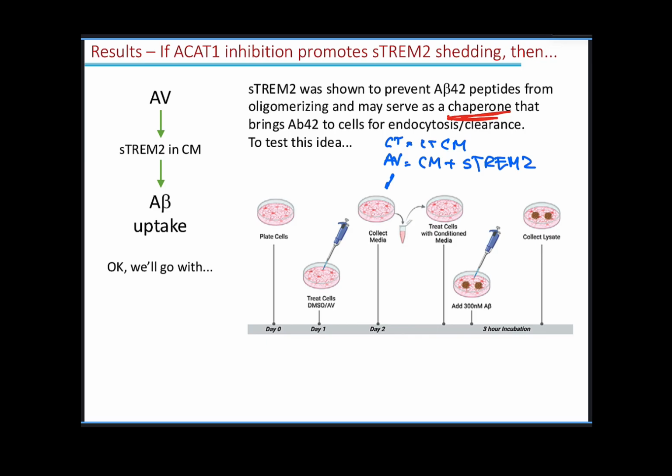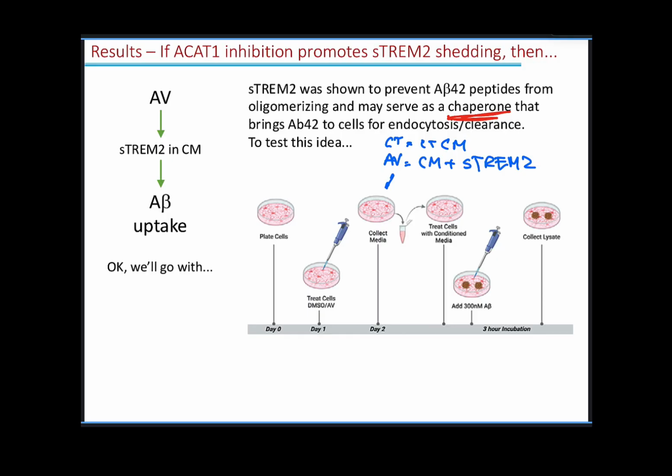So what they're doing there is, can the conditioned media of one group of treated cells affect the function of a different group of cells? Is there anything in this conditioned media that can affect the ability of other cells to then, here also is the A beta, they add the A beta and then they do the usual, they count how much is internalized, right?